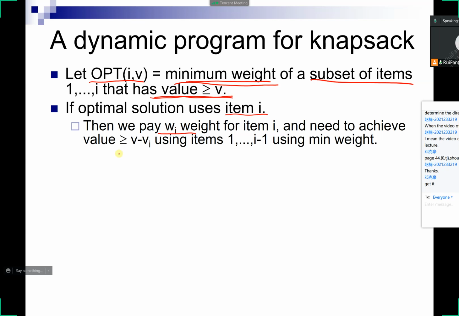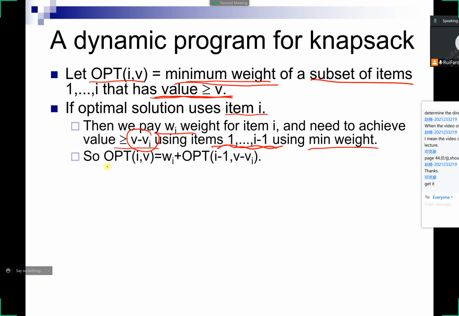However, because you put it into your knapsack, your value requirement decreases. Previously you needed to achieve value V, but after you put this ith item in, which has value Vi, for items 1 through I minus 1 you only need to achieve value V minus Vi. So you want to find the minimum way to achieve value V minus Vi among items 1 up to I minus 1. This is where you use item I.